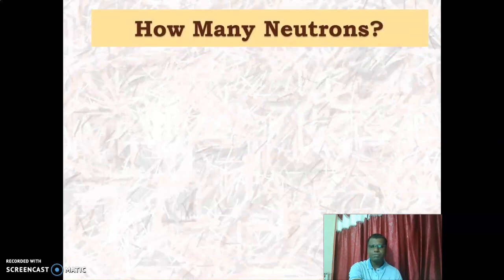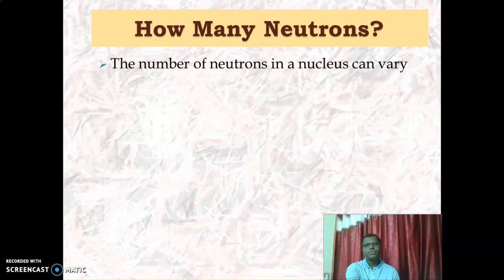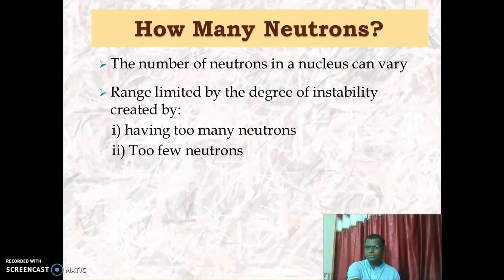How many neutrons are present in the nucleus? This is also one of the important things, because neutrons are among the particles present in the nucleus. It is observed that the number of neutrons present in the nucleus of any atom can be variable. The number of neutrons can be different, but the number of protons in the nucleus of a particular atom is always fixed. The range of neutrons is limited by the degree of instability.